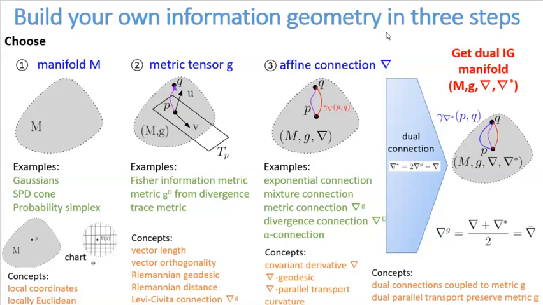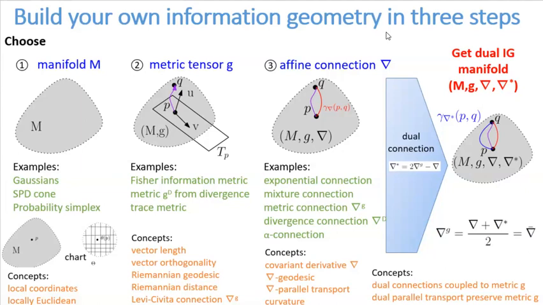So for example, here, my connection nabla will define this geodesic in red. And when I have a metric tensor, we have a default connection, which is called the Levi-Civita connection, in purple, right? So if I choose just a metric tensor, I have a default affine connection, which is going to be able to connect tangent spaces.